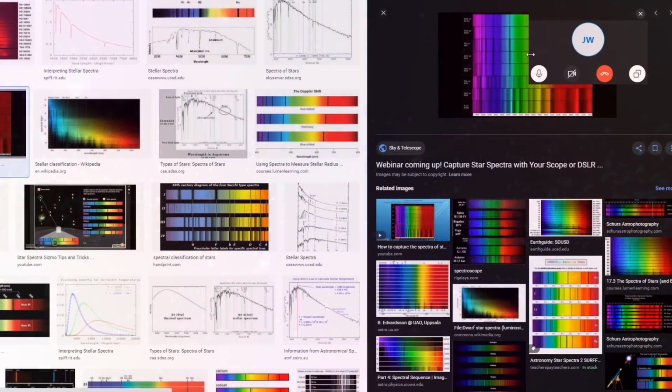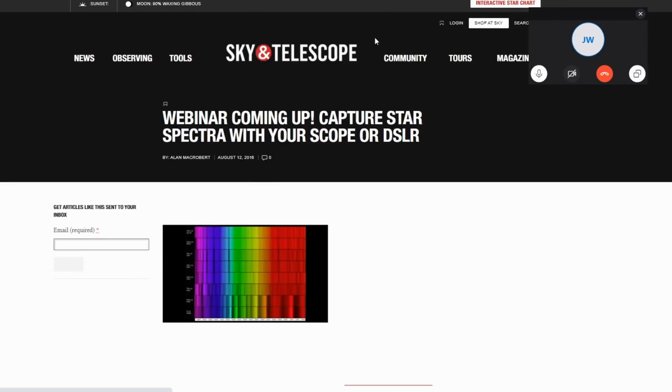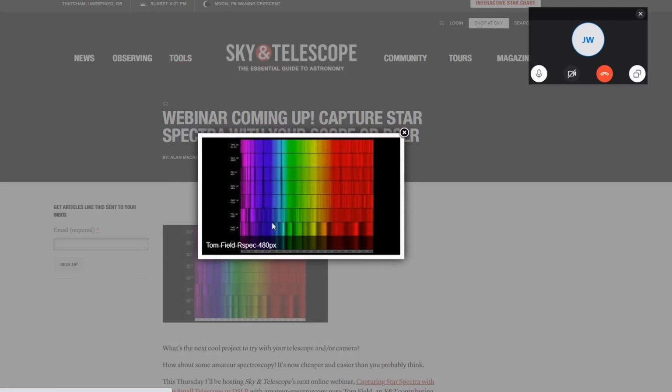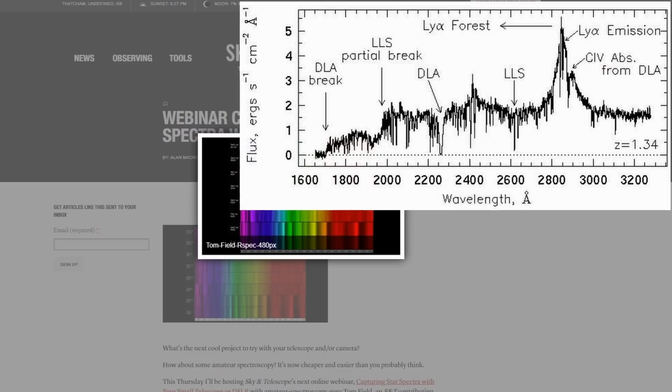Oh, that's the absorption from the hydrogen. I don't know whether this is the best image to look at, but normally when you look at objects, you have different lines that are being removed, and so when we look at quasars, there are particular, I guess you'd call them signature lines that indicate that it comes from the quasar.